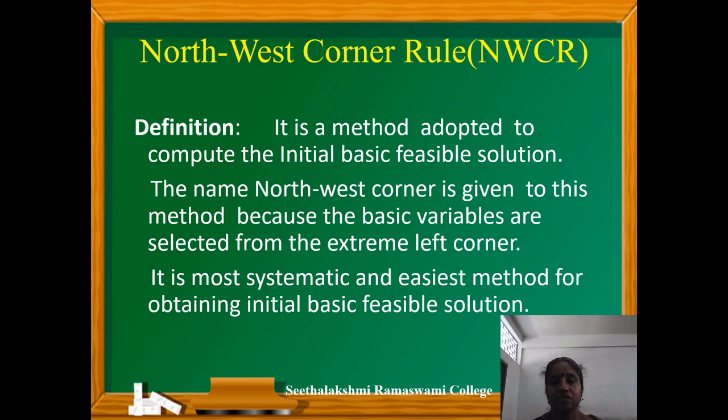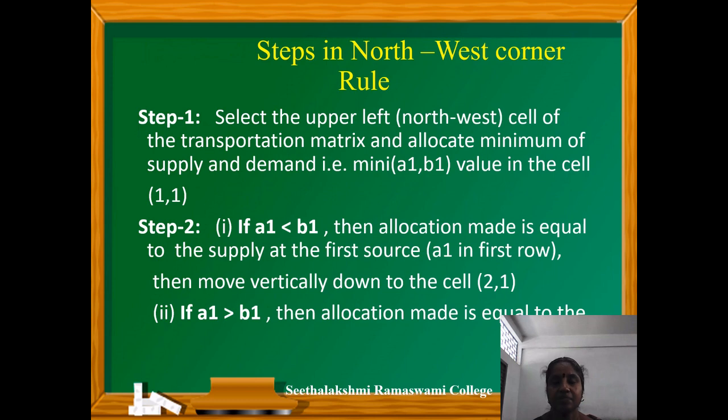This is a method to obtain the initial basic feasible solution. The name northwest corner rule is given to this method because the basic variables are selected from the extreme left corner, and it is one of the easiest methods to obtain an initial basic feasible solution compared to other methods.